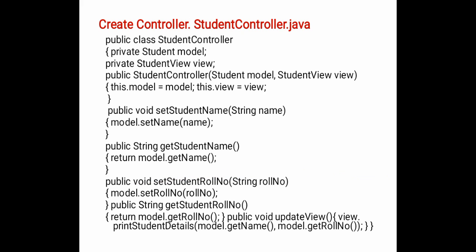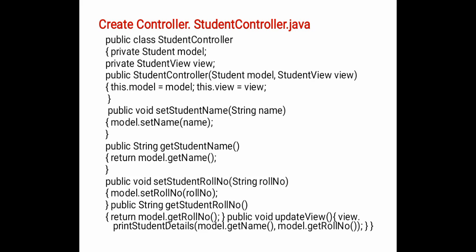Now the third class is student controller.java. In this class we have created an object of student class, that is model, and student view, that is view, and inside the constructor we are assigning the values of these objects. There are also methods set student name, get student name, get student roll number and set student roll number.